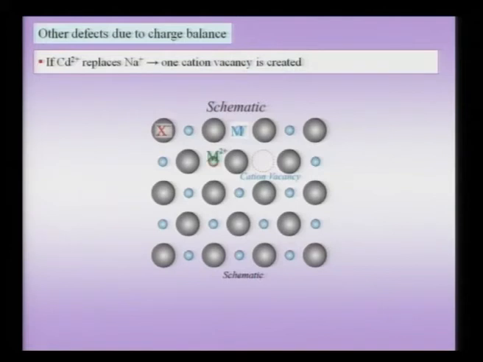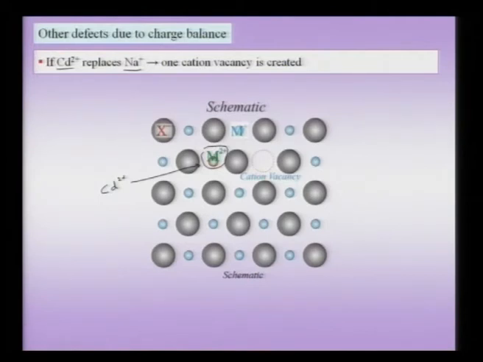For instance, the example I could consider is if a sodium ion is replaced by a cadmium ion. So the cadmium is 2 plus, and suppose this is my site where the cadmium ion sits. So this is my site, Cd2 plus.